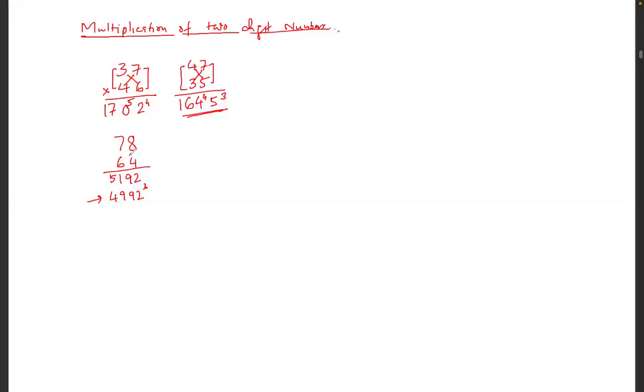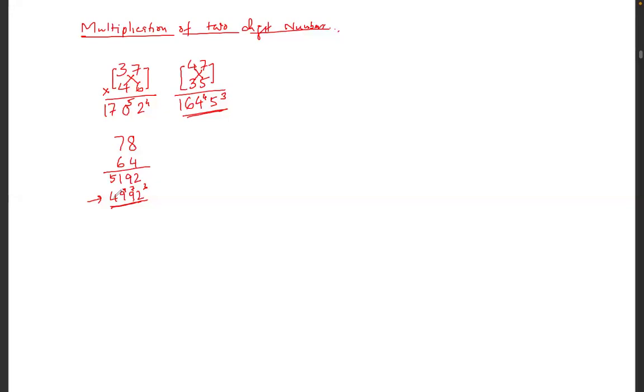So 48 and 28, 76. 76 plus 3, 79. Write 9, carry is 7. And then 6 sevens are how much? 42. 42 plus 7 is 49. So this is the answer.